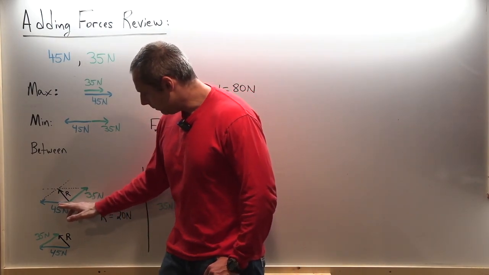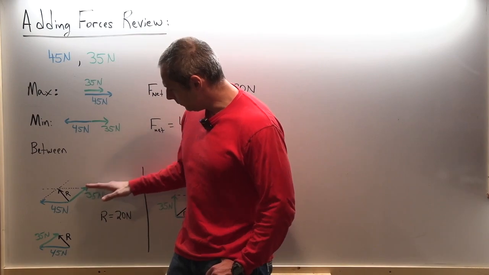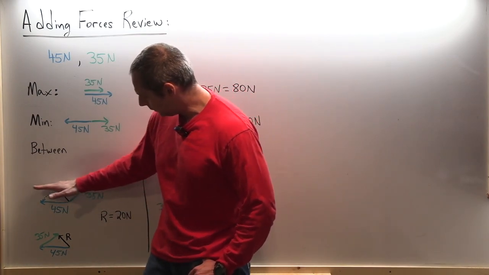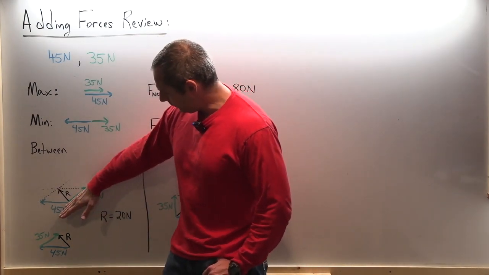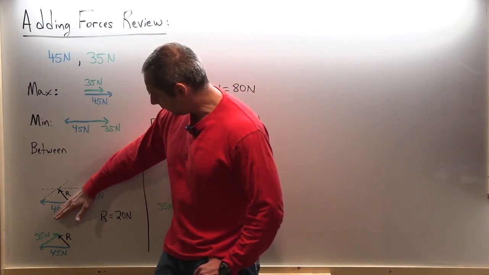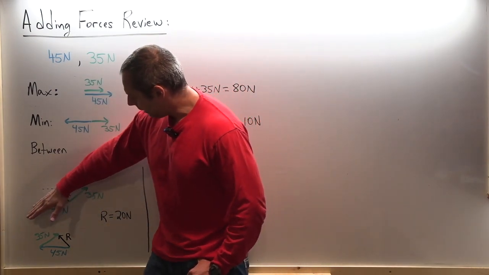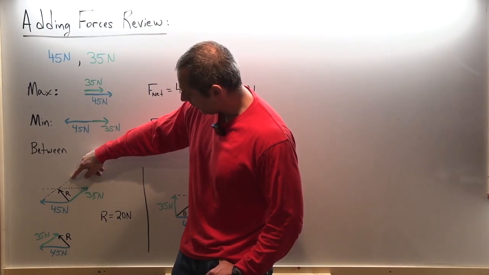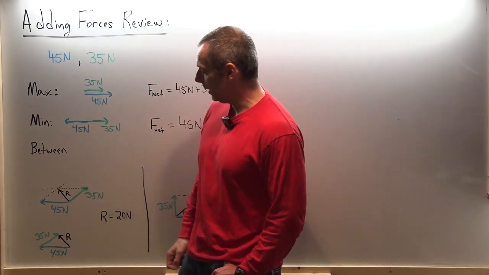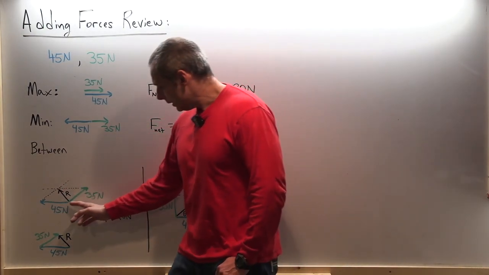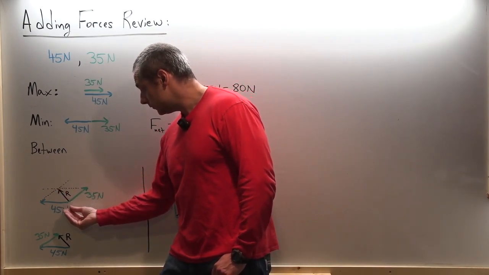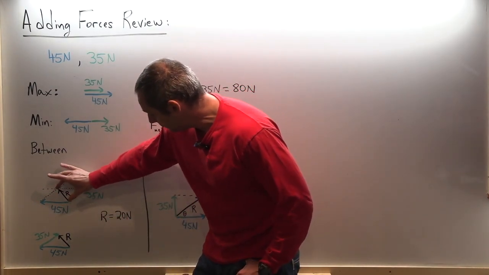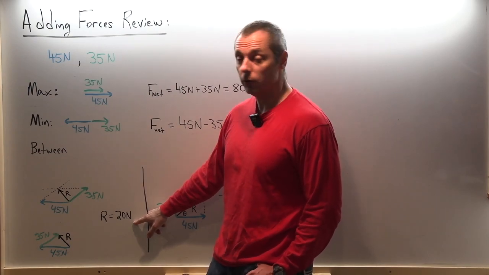So see how this 45 newton force is going horizontal. Up here you create a horizontal dotted line. And then see this direction going up maybe like 30 degrees. So you make a dotted line 30 degrees over here, parallel to that one. So we got a parallelogram. The resultant force is along the diagonal. So the object would slide along like this, and then we'd measure that, and maybe we get 2 centimeters or 20 newtons.